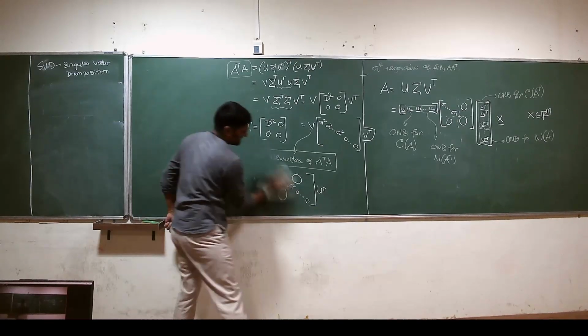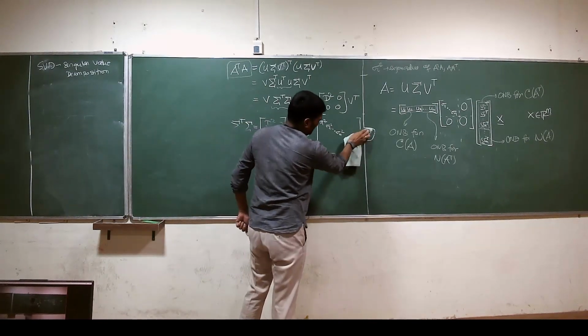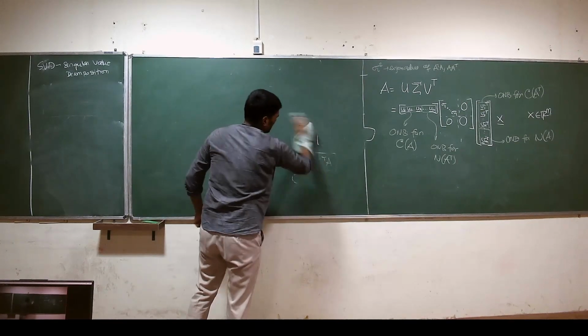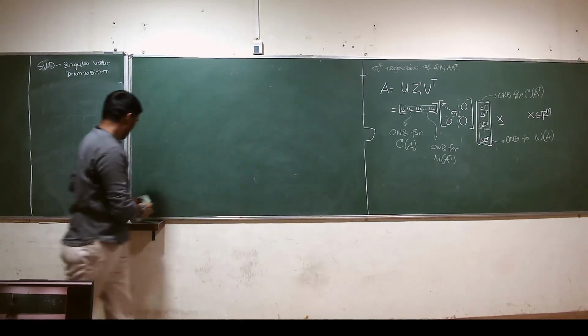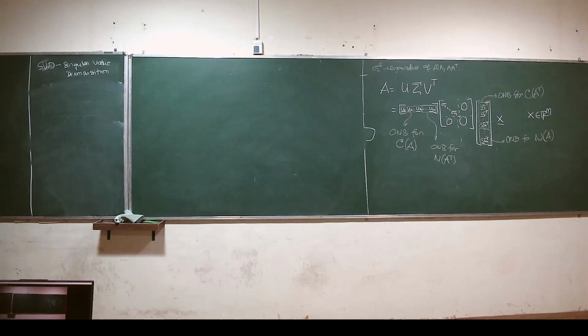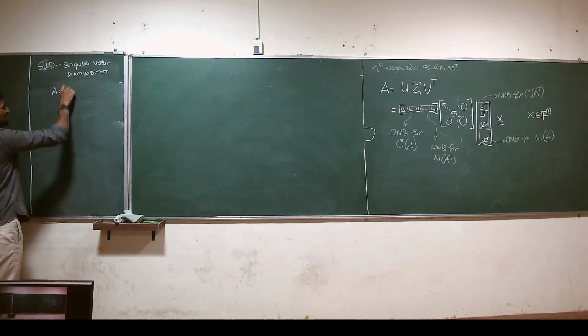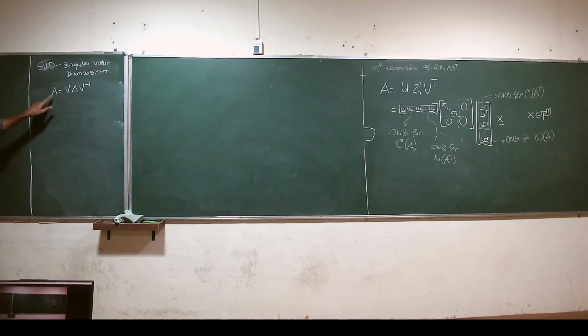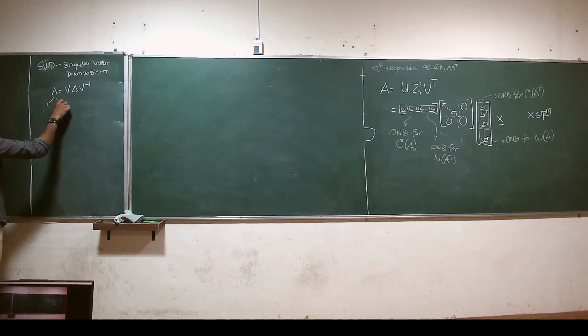I'm going to quickly say a couple of things and then we're done. Okay. See, when we talked about the eigenvalue decomposition, right? There are 2 different ways we can view a matrix, right?